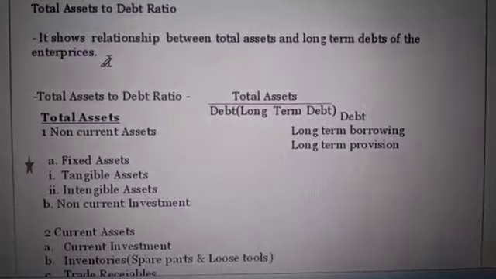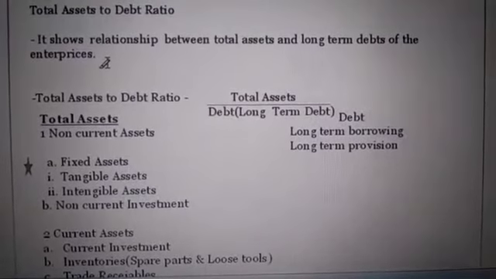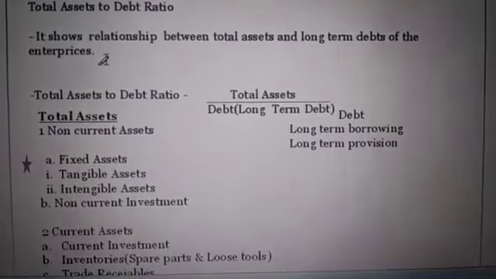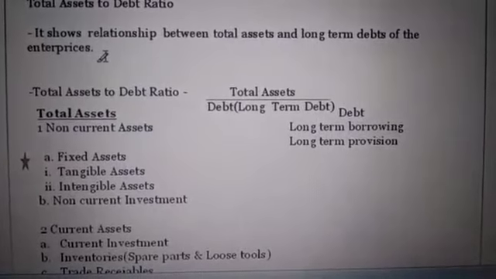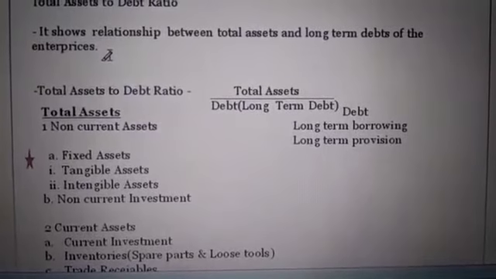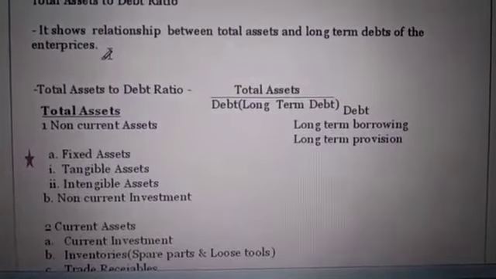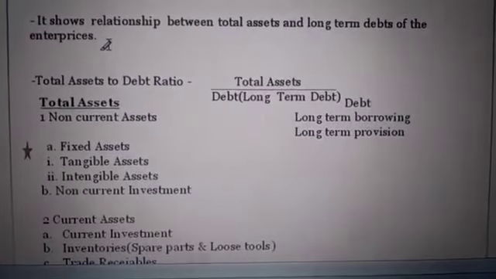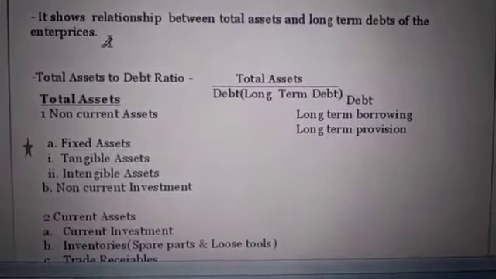Let's see the formula of this. So total asset to debt ratio is equal to total asset divided by debt. Achha, what is debt here? Debt, again the same thing. Long-term debts. The loans which are for more than 5 or 6 years are long-term debts.